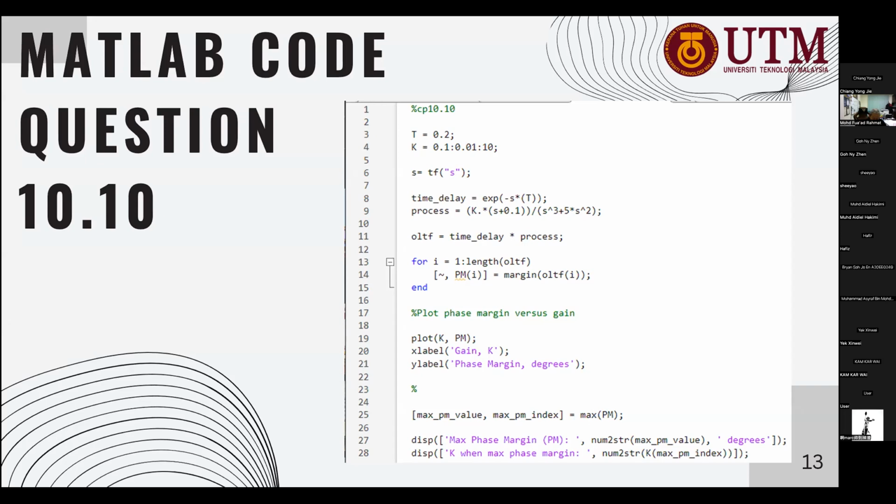Then lines 13 until 15 are a loop, so it will keep obtaining the phase margin value, and after we are done, it will plot the graph of the phase margin versus gain. And then from there we will get the maximum phase margin by using the code as shown at lines 25 until 28.